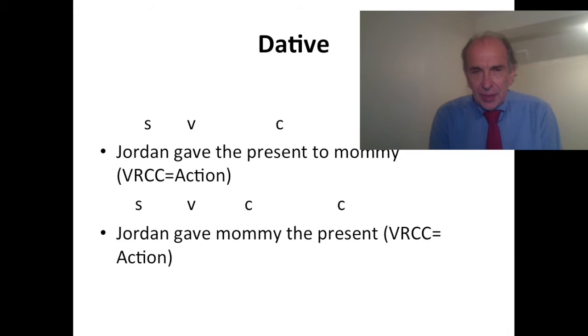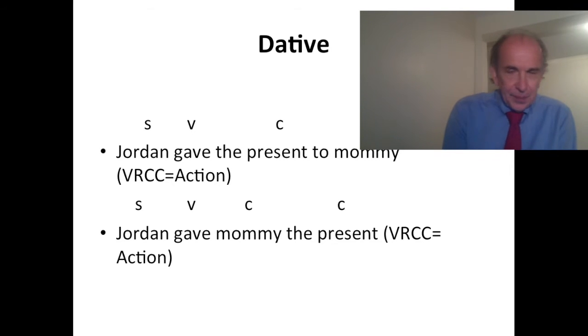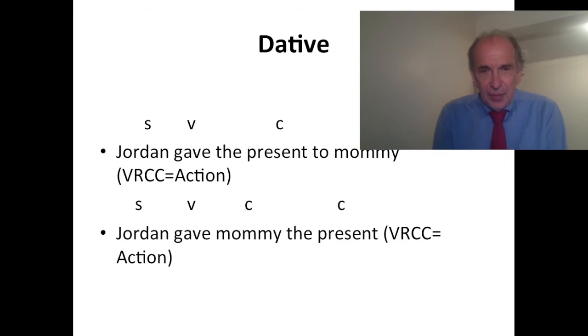And the subject and the complement, the arguments of the verb, are the person giving and the thing given. Or "Jordan gave mommy the present." Well, Jordan is the giver. Gave is an action verb. The present is still the given thing, and mommy is the recipient.